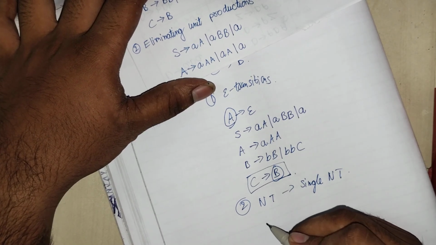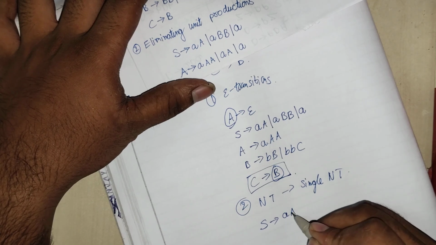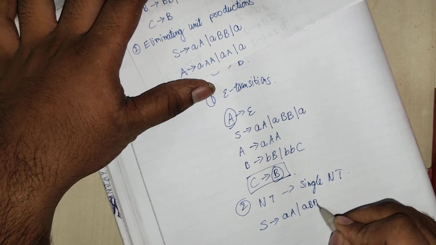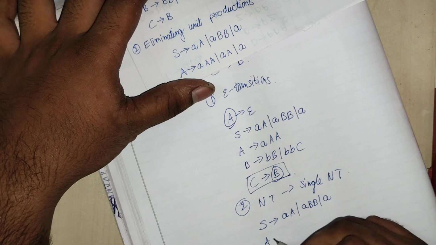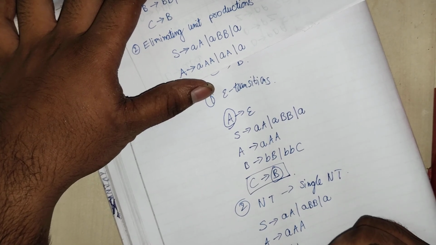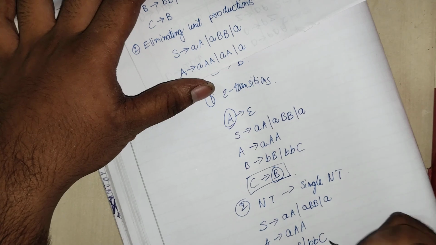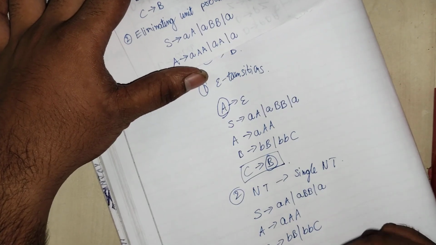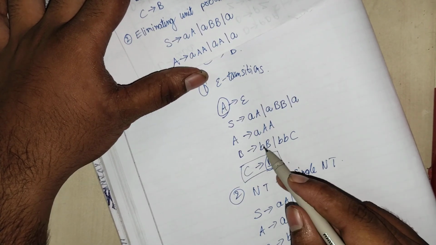So S tends to all the productions remain as they are, only there is a change in C. And C tends to, instead of capital B, substitute these things.